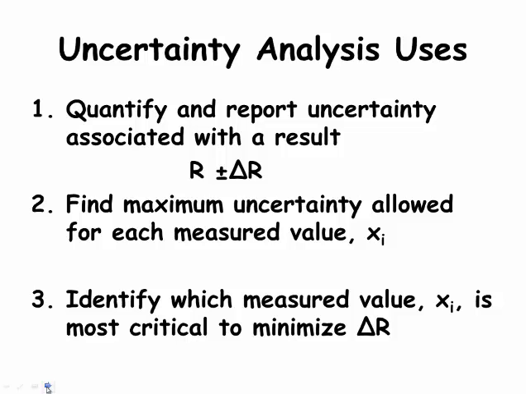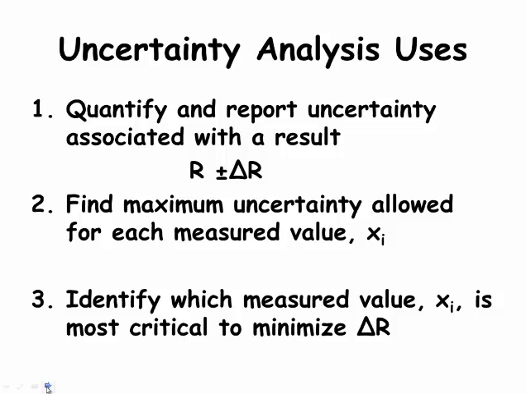First, it can quantify the uncertainty of the calculated result R, so that we have a result R plus or minus the uncertainty of delta R. Second, we can use uncertainty analysis results to identify which measured value uncertainty contributes the most to the result uncertainty delta R. This information can be used to identify which measured value is the first one, the most critical one, to reduce if we want to reduce the result uncertainty.